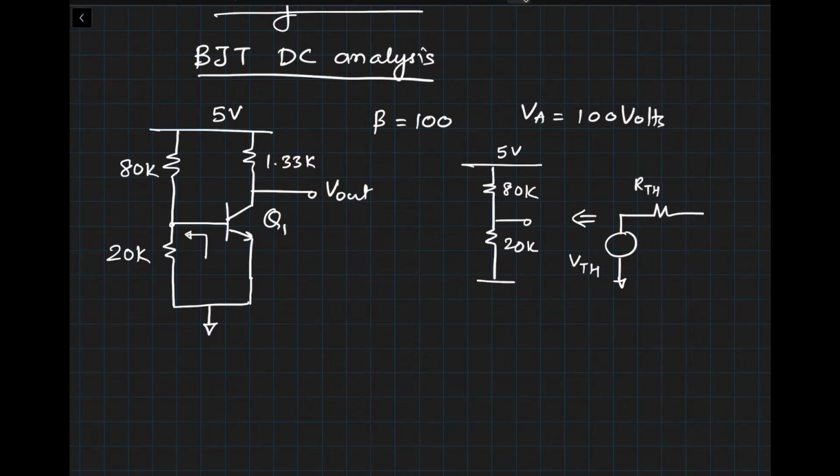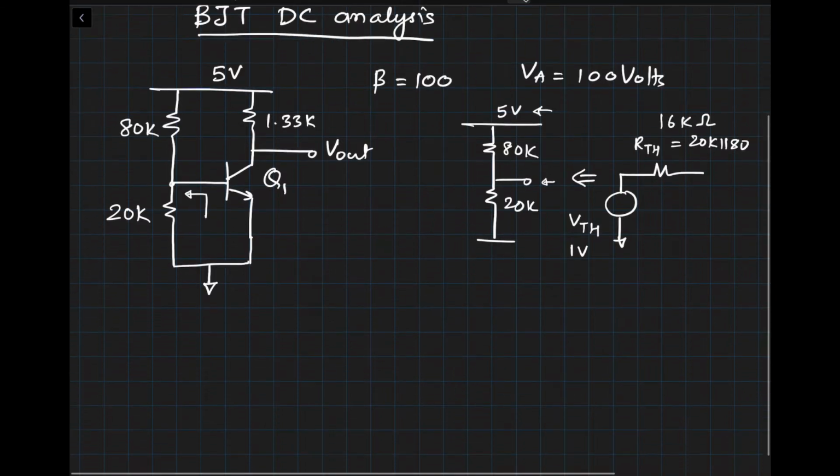We will look at the open circuit voltage looking in here, and that is going to be 1 volt. For RTH, we will set the independent voltage source of 5 volts to 0, and look at the equivalent resistance into this network, which would be 20K parallel with 80K, and this number is 16K ohms.